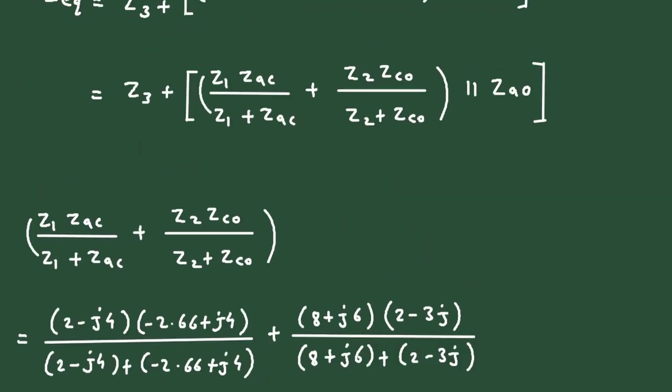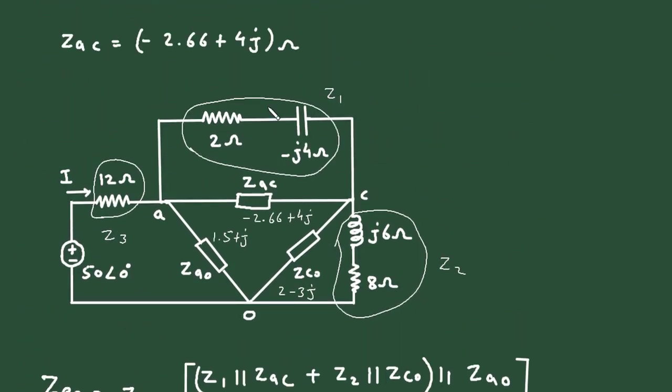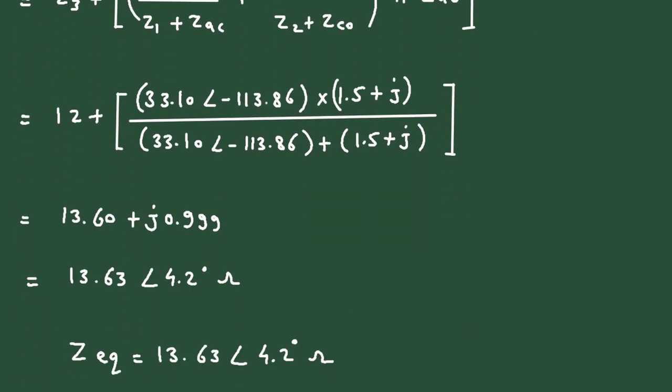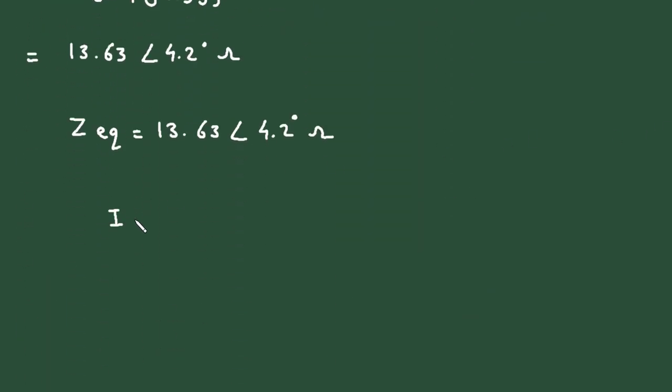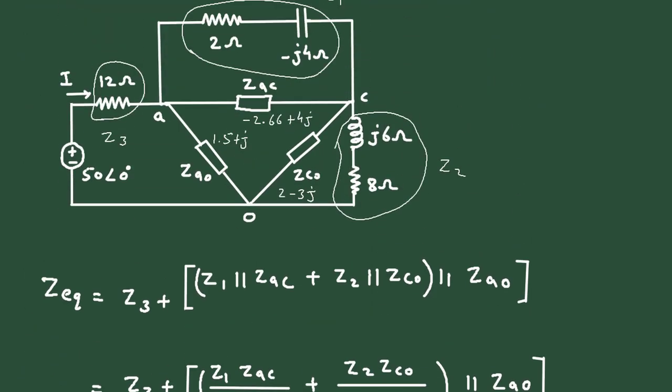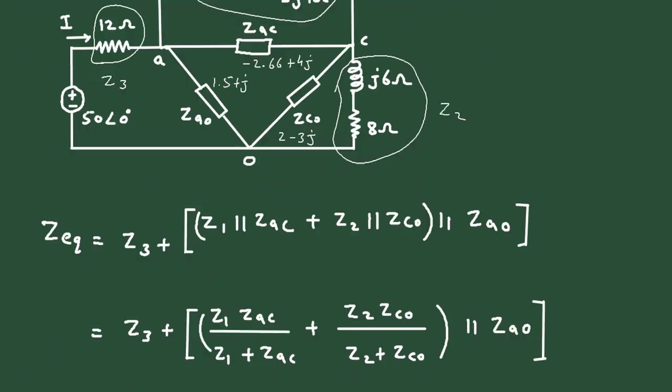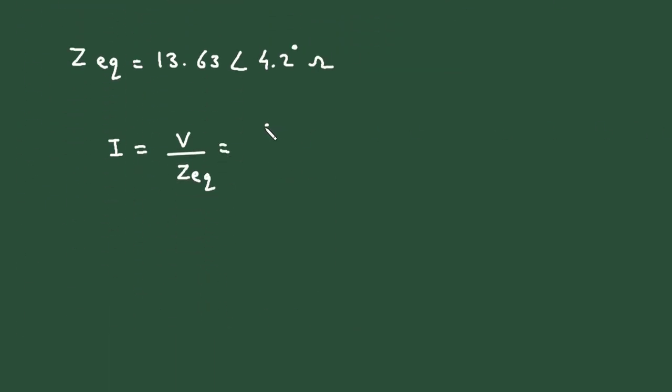But we have to find the value of current I, and we know that current I is equal to V upon ZEQ. Now let's substitute the value of voltage V, which is 50 at an angle 0 degree, divided by 13.63 at an angle 4.2.